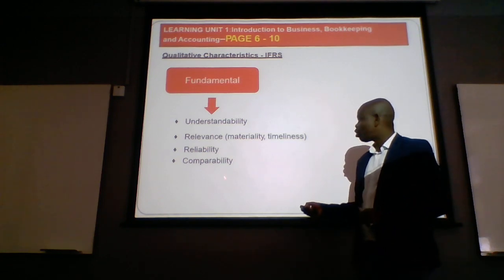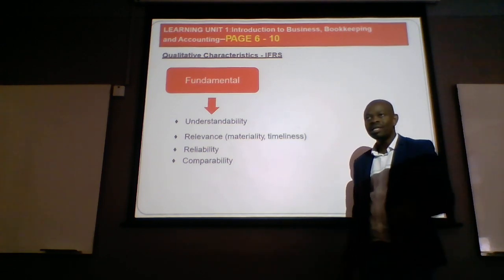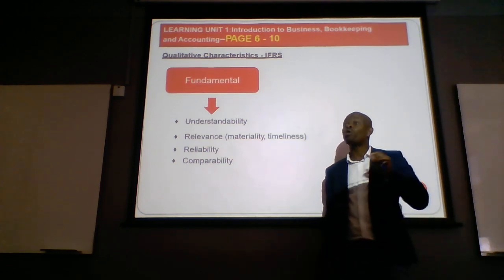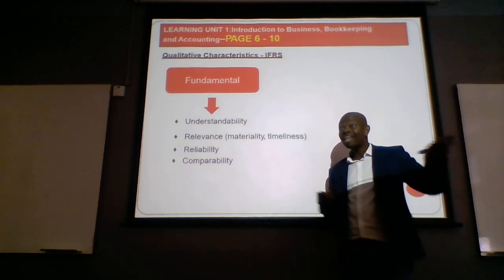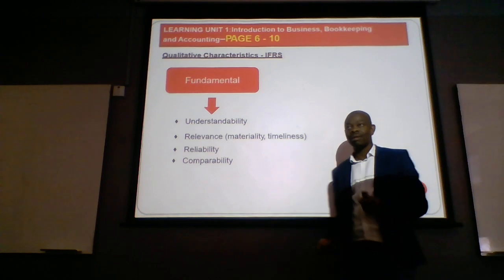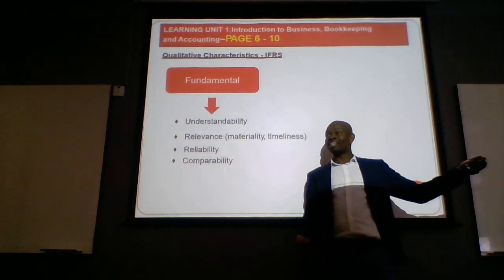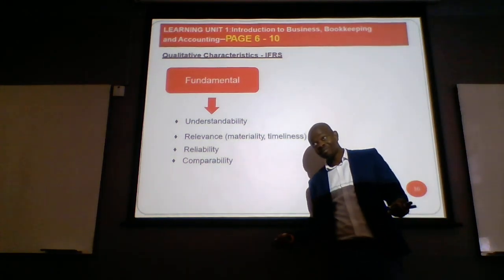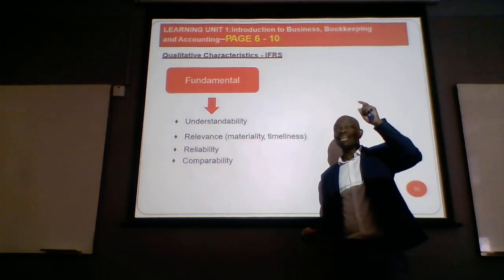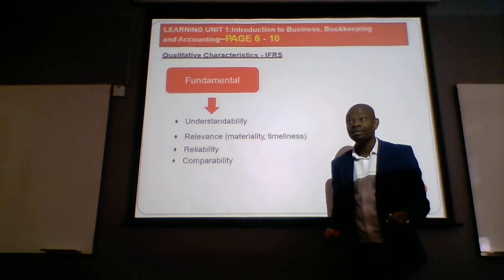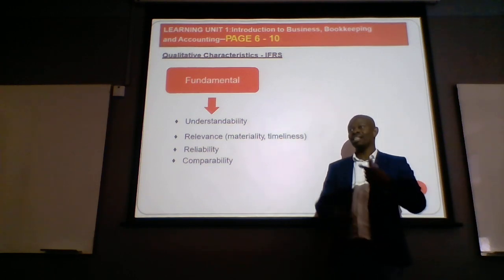Accounting information must be comparable. Meaning I must be able to compare year one and year two to check for any trends. I must be able to compare industry one and industry two. I must be able to compare the companies in the same industry, like Sylvester College and University College.